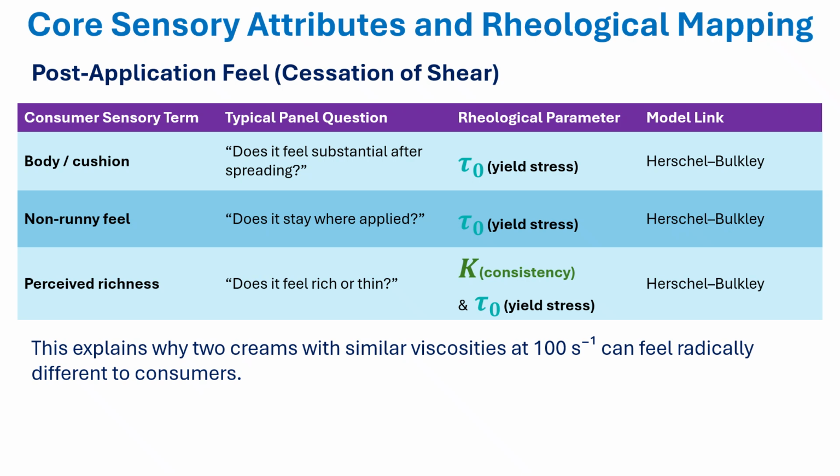Together with the consistency index, it helps describe how much structure remains once shear is removed. The key point is that post-application feel is not determined during rubbing, but after rubbing has stopped. By controlling low shear rheological properties, formulators can design products that feel reassuring, comfortable, and appropriately rich once applied.